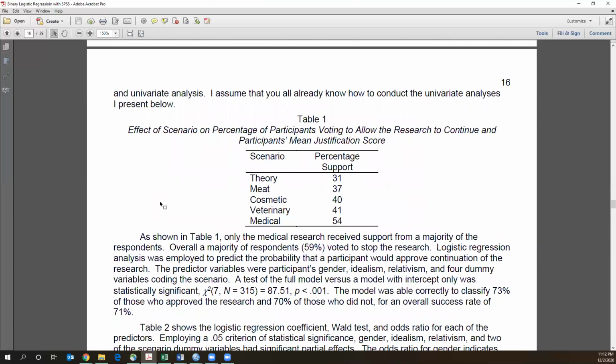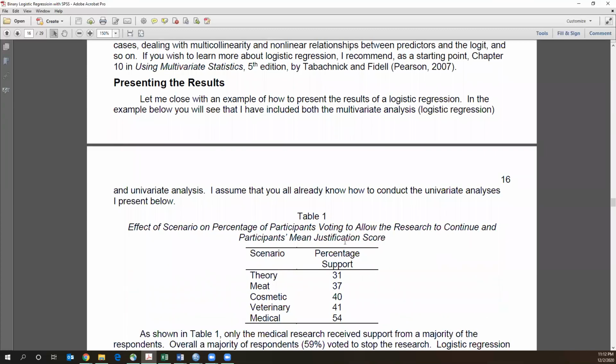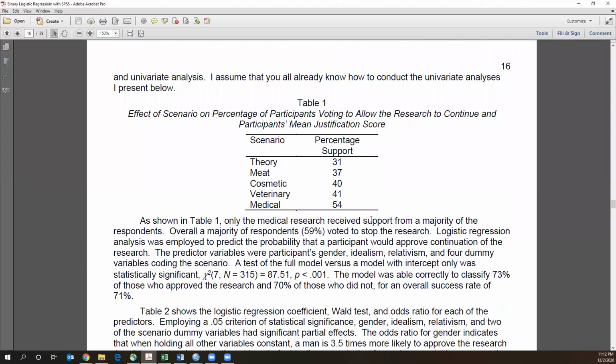And then it takes you to how to write out your results. So this is showing you kind of what the results would look like based on the prediction equation that was created from the logistic regression. So this is showing you what the support was for allowing the research to continue. This is the description of what we just did and how it was done.